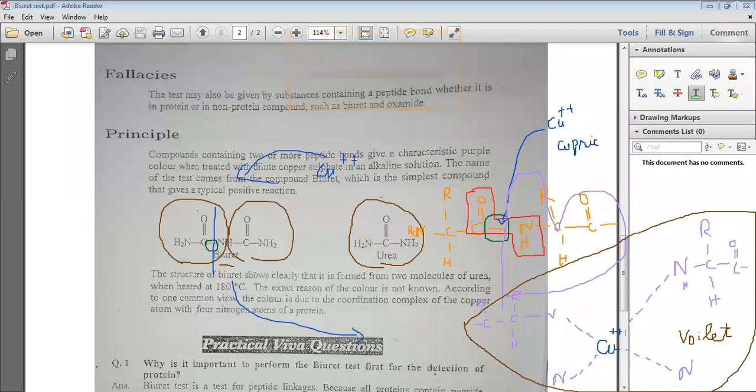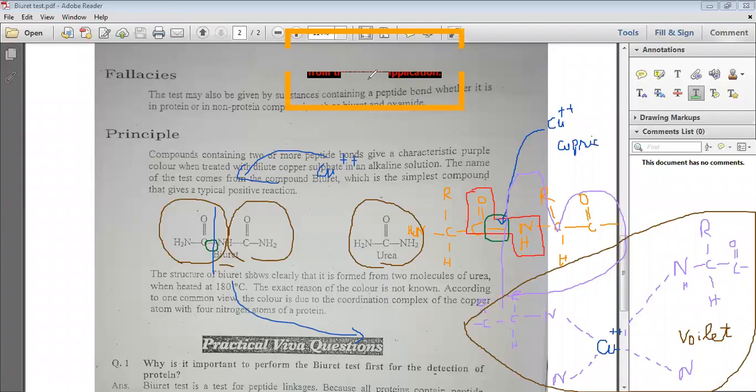We can also use this test for the estimation of proteins, while we need a spectrophotometer when we are going to estimate the quantity of proteins in the given samples.